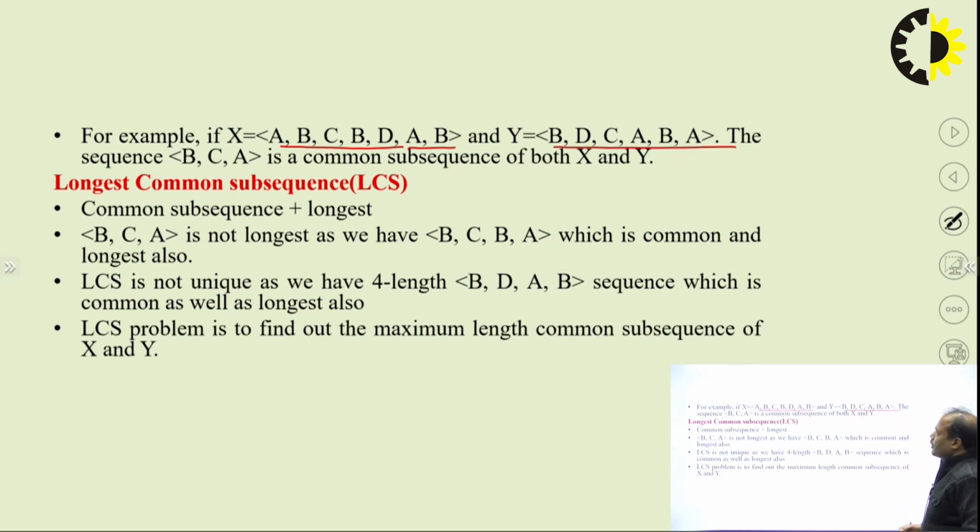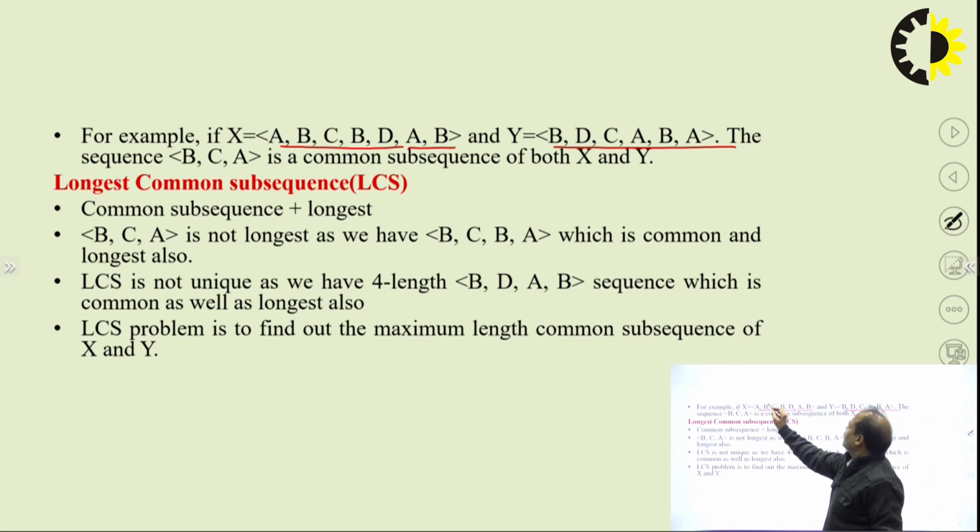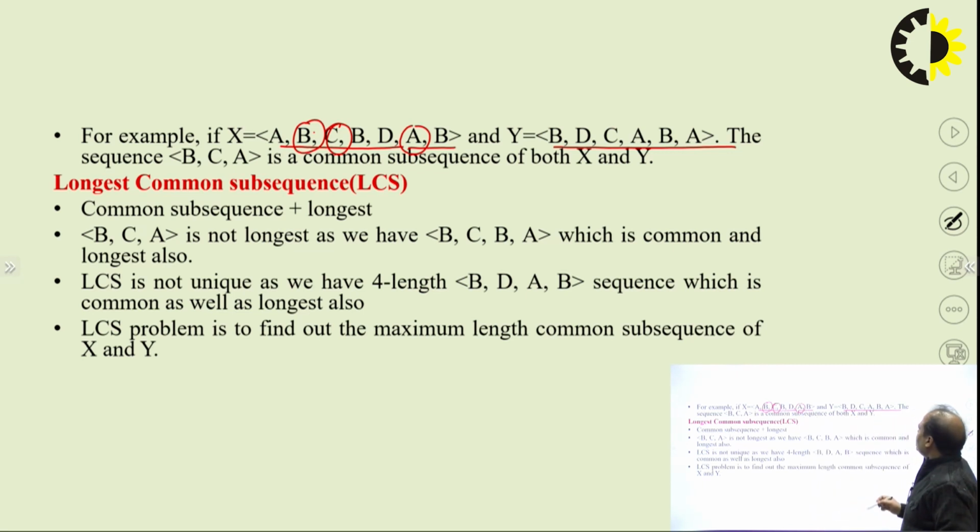Let us see whether BCA is common between both or not. Yes, this is B and then C and then A, found at index numbers 2, 3, 6. B is here and C is here, and this A can be taken or this A can be taken, there is no problem. So yes, BCA is a common subsequence of both X and Y.